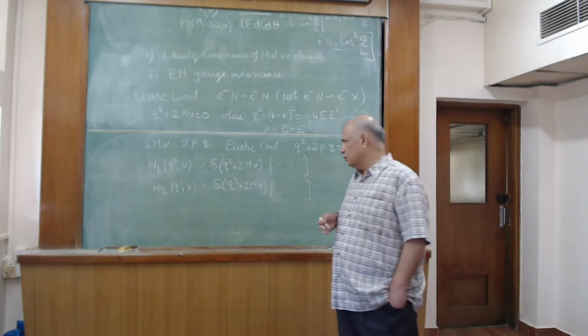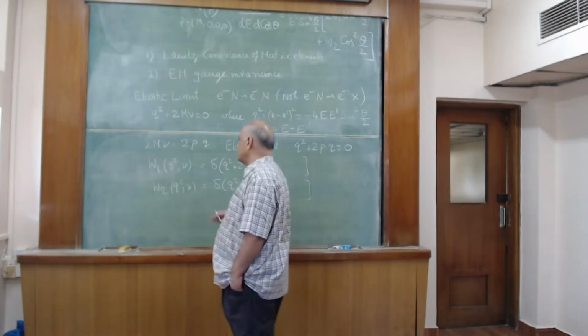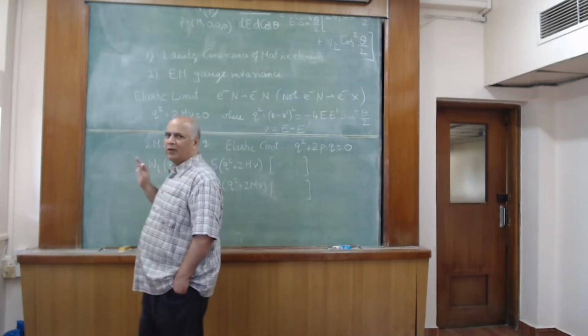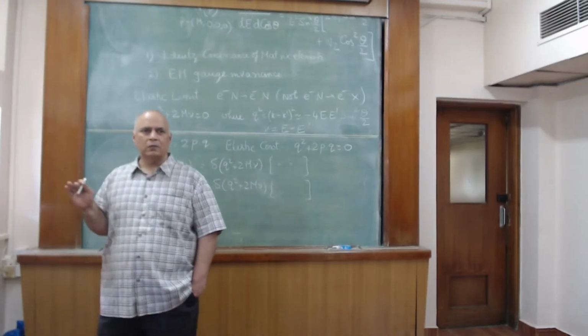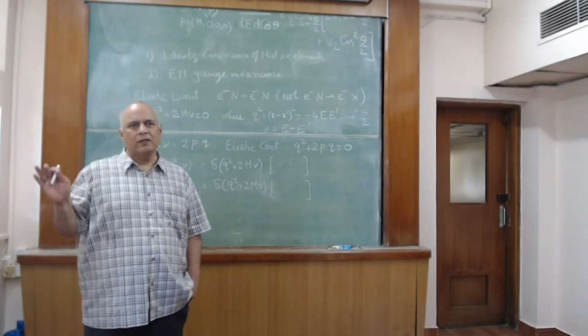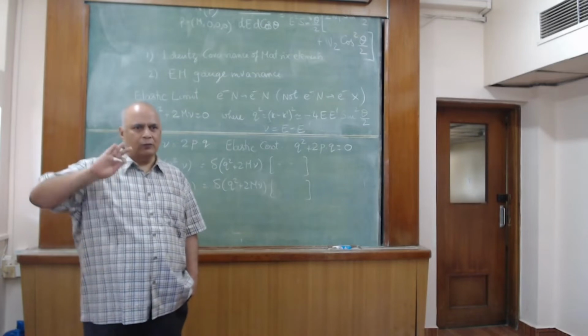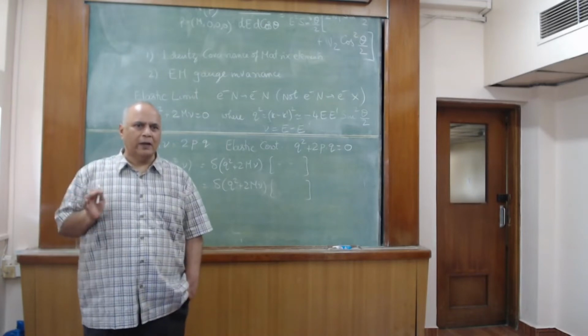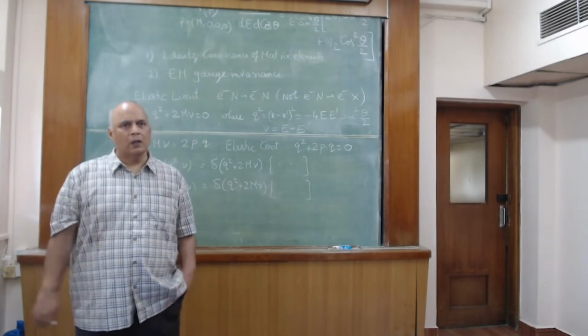So this W1 and W2 have the interpretation that in the elastic limit they are related to the electric and magnetic form factors.